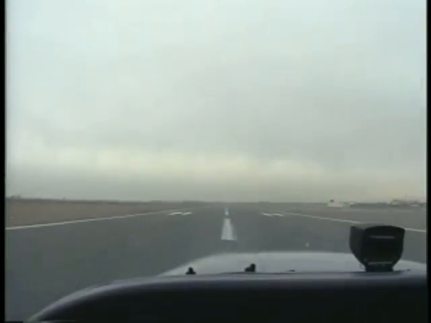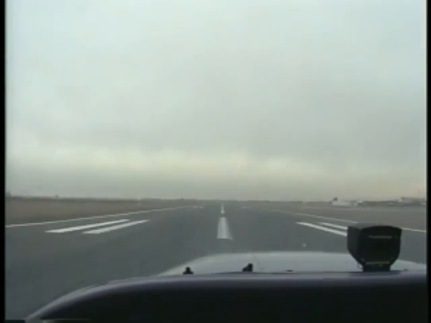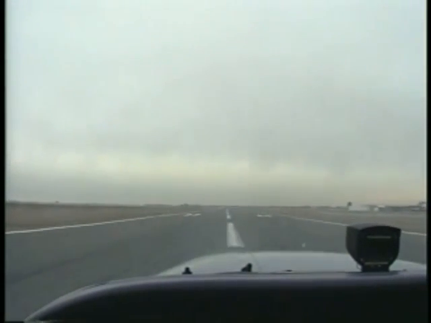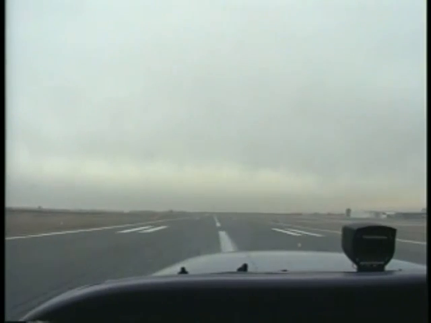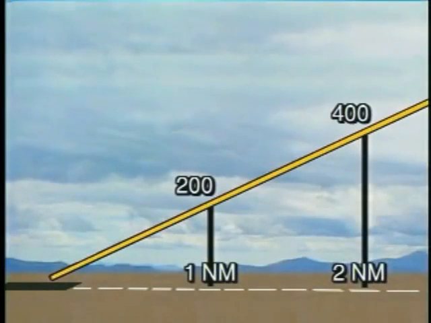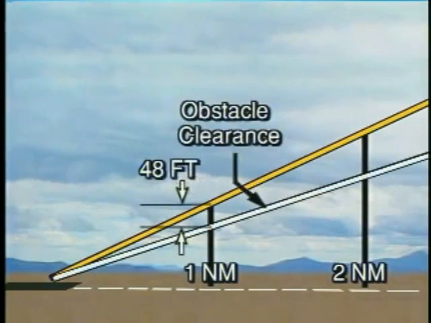Once you have determined that the weather will allow you to make a takeoff, you need to consider what type of departure procedure you're likely to use. When departing an airport, you must climb at a rate of at least 200 feet per nautical mile. This allows at least 48 feet of obstacle clearance for every nautical mile you travel. If obstacle clearance requirements are not met, a textual or graphic departure procedure will be published.